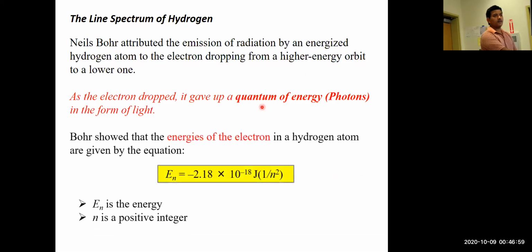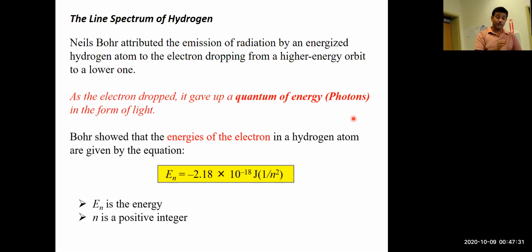Because of that, we are able to say that quantum energy and photons are understood, as a result of an electron dropping from a high energy state to a low energy state, or energy released in quanta, and photons absorbed by an atom because it wants to go from a low energy state to a high energy state. So we could calculate the energy of the electrons at different shells using this equation.